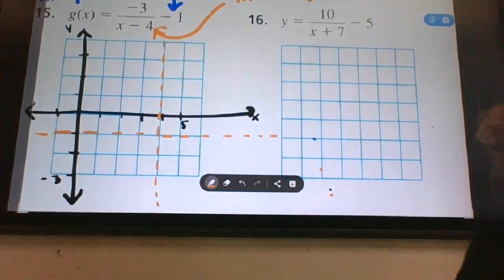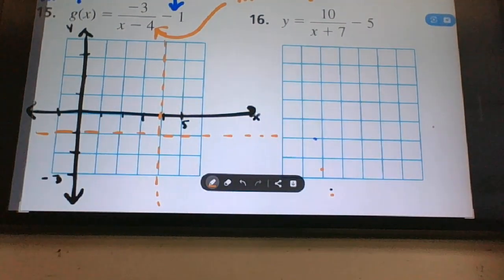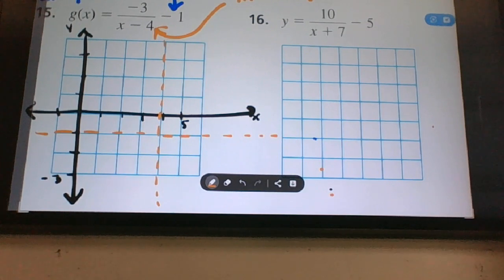It's a lot of fractions, so I've always said if you need to go to a decimal to make precise graphs, that's okay. But sometimes looking at it in fraction form can be easier. -3 over 2 minus 4 minus 1.